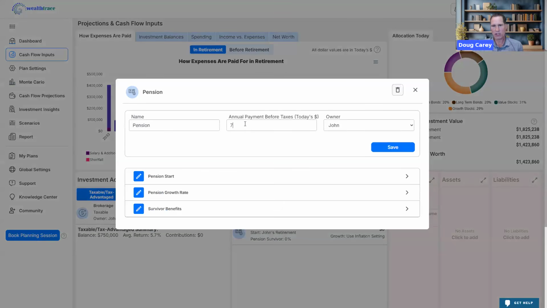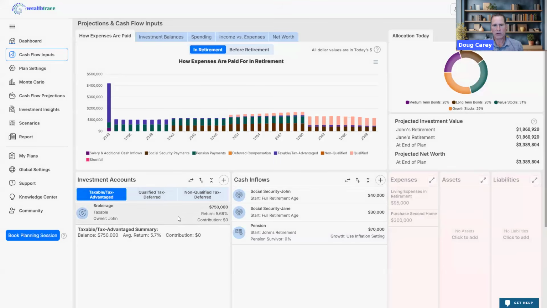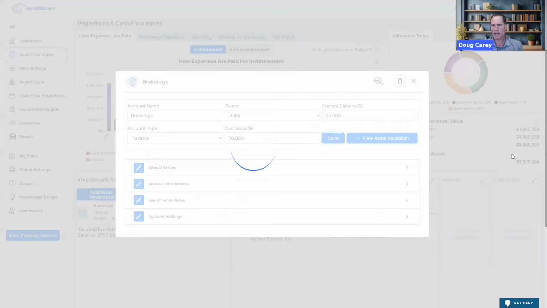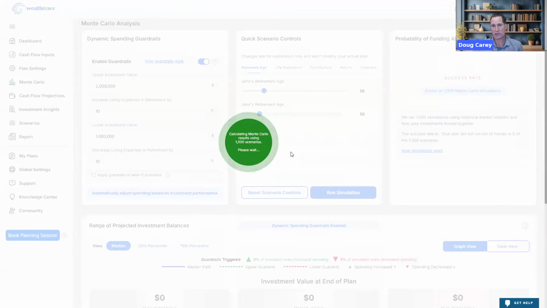I'm going to add a pension for John of $70,000 a year. And I'm going to decrease the amount they have in their taxable account to $50,000. So their static projections are very similar, but their Monte Carlo might change.